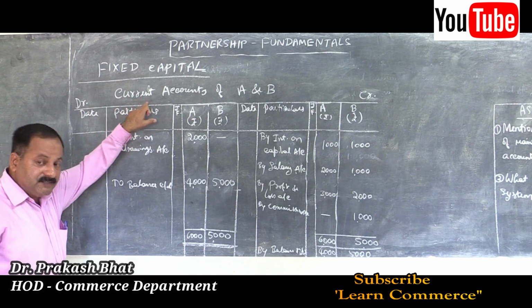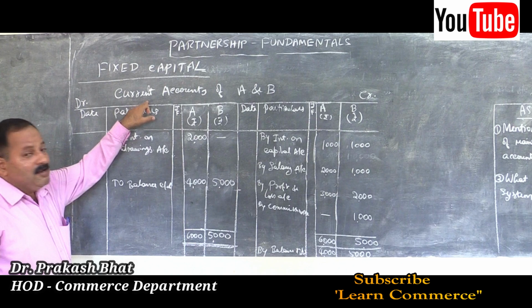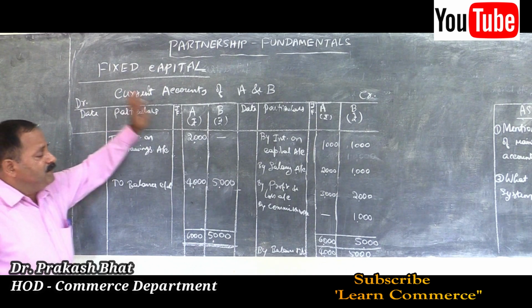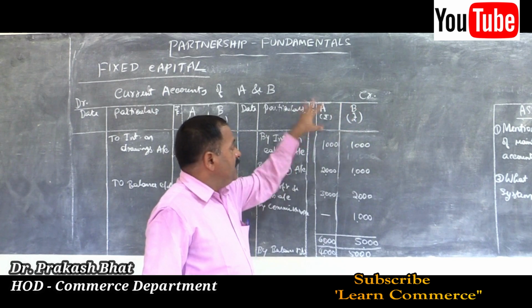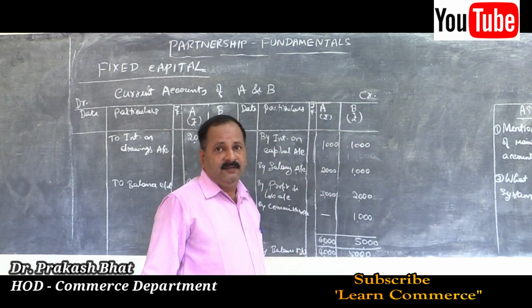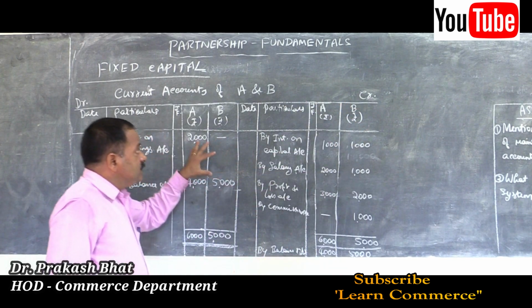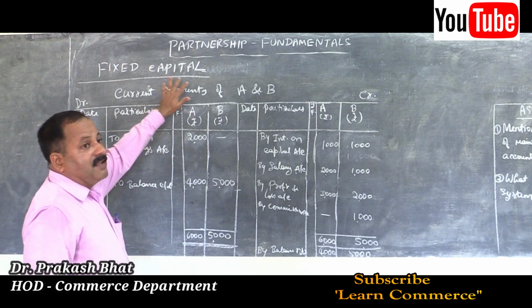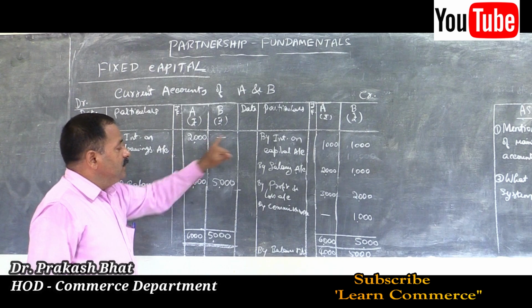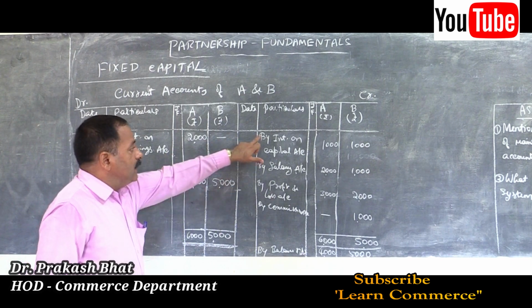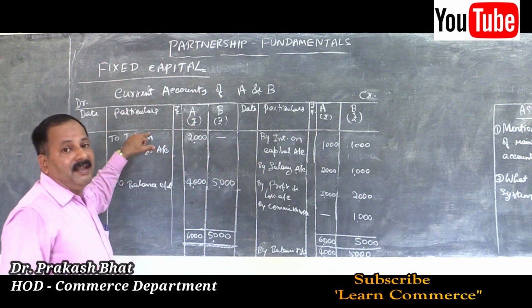Either they will ask this: prepare current accounts of two partners. Any name you can give, friends. A and B need not be. You can write any name. So any two partners under the fixed capital method. They will be very specific. So you should remember that there will not be an opening balance for the current account.